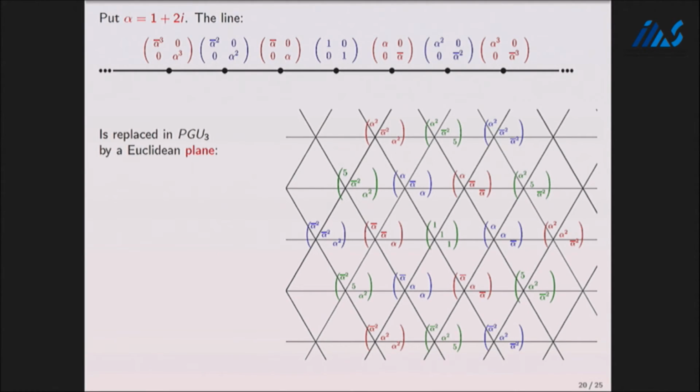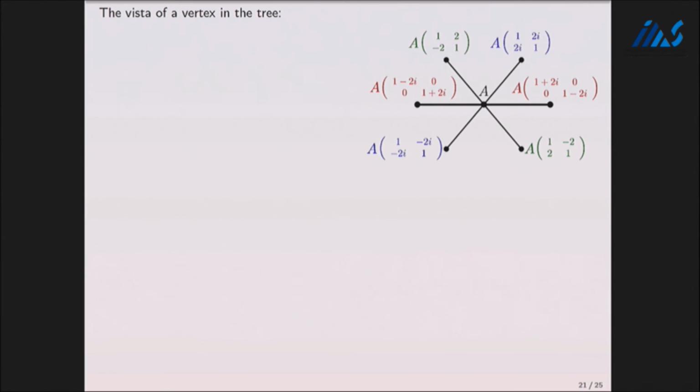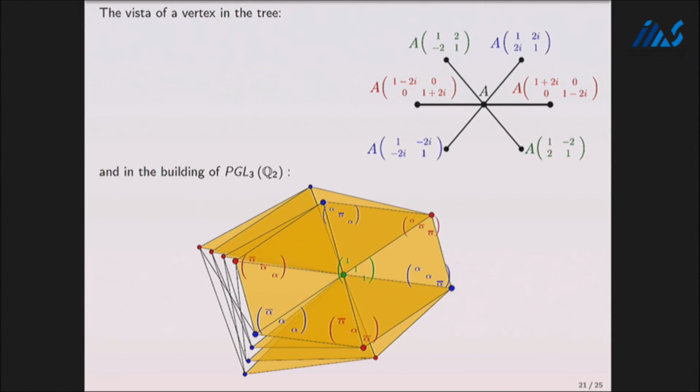And then you want to ask, okay, so the plane is the analog of the line, and what happens around the vertex? So in the tree, this is what happens around the vertex, and in the building, this is what a vertex sees. So now instead of branching of edges, you have branching of triangles.